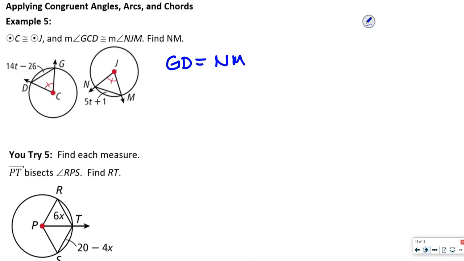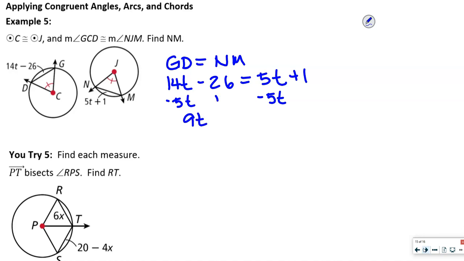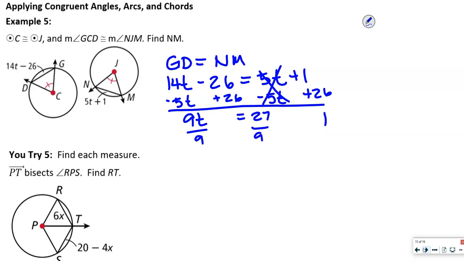So we're going to say 14t minus 26 is equal to 5t plus 1. I'm going to do the minus 5t on both sides. That's going to give me 9t over here, and then I'm going to add 26 to both sides. So that's going to be 27. Divide both sides by our 9. So t is equal to 3.